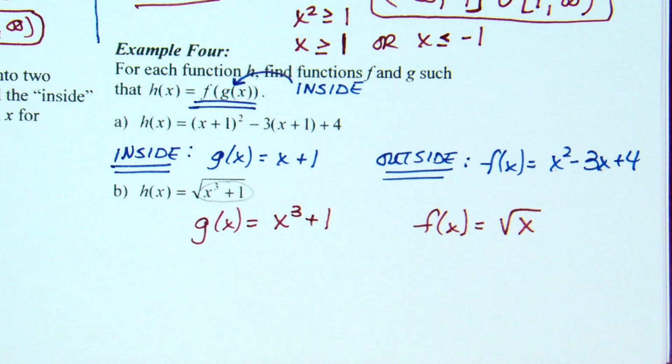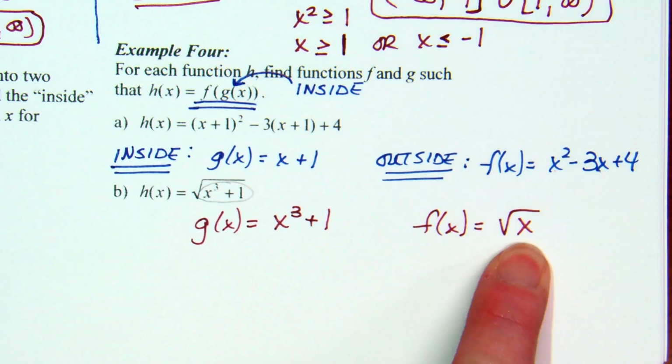So square root of x. Put it back together. That's your self-check. Does it make sense when you put it back together? If I take g and put it into f. Okay? That is the answer that is most obvious to me.